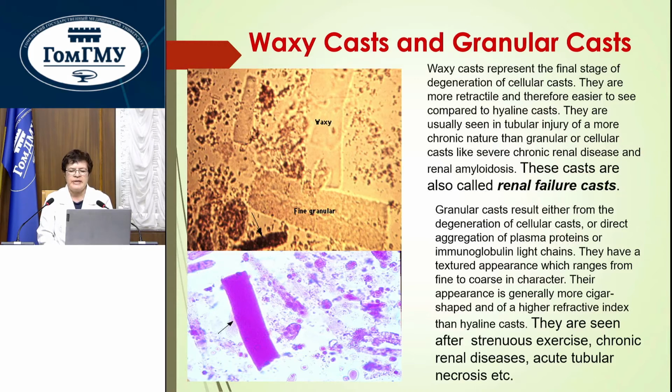The appearance is generally more cigar-shaped and of a higher refractive index than hyaline casts. They are seen after chronic renal diseases, acute tubular necrosis, strenuous exercises, etc.